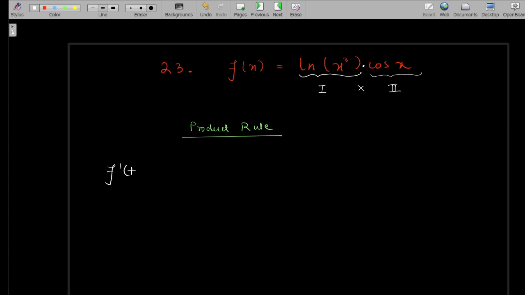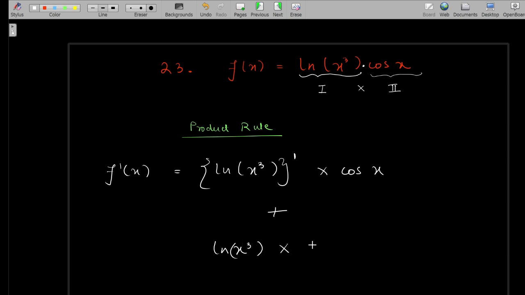So f prime x will be, we first find out the derivative of ln x cube, times cosine x, plus, as you said, ln x cube times the derivative of cosine x.